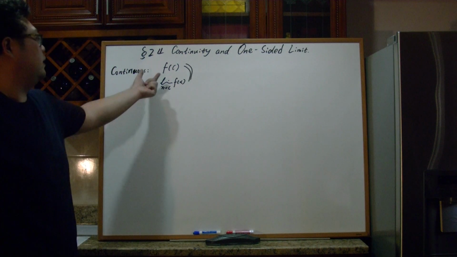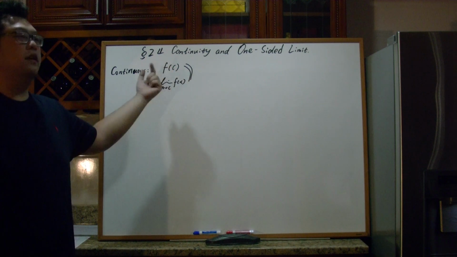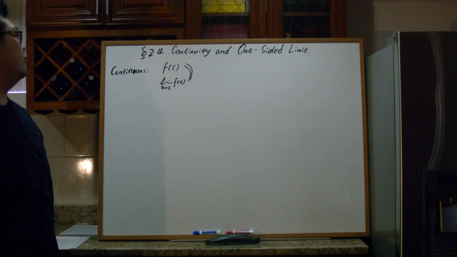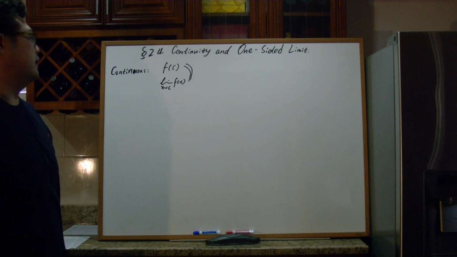We need to check the limit, we need to check the function value, and make sure they are equal. Then we can say a function is continuous at c.